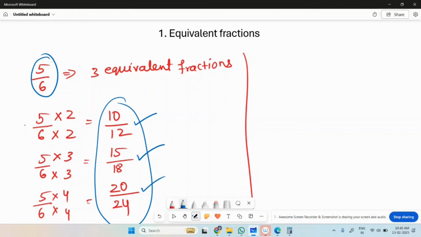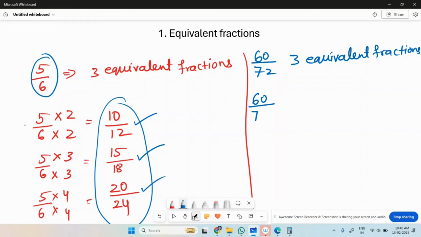Let's see how to find the equivalent fraction by dividing. 60 upon 72 is given. Here we can find three equivalent fractions for 60 upon 72.